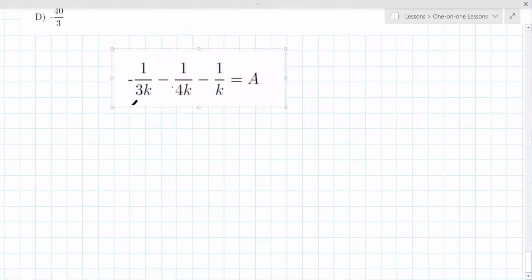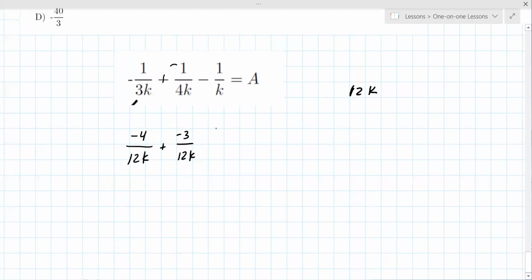So the common denominator here would be 12k. Right. And again, the more you can do without writing, like to get to 12k, you have to multiply top and bottom by 4. So this becomes -4 over 12k. This one in the middle, you have to multiply the top and bottom by 3. So this plus goes with there, so this becomes negative 3 over 12k.